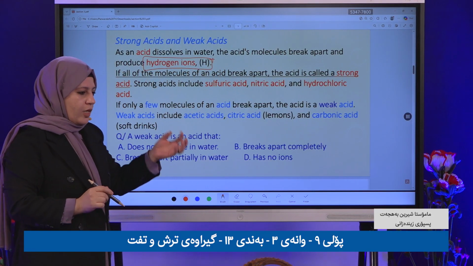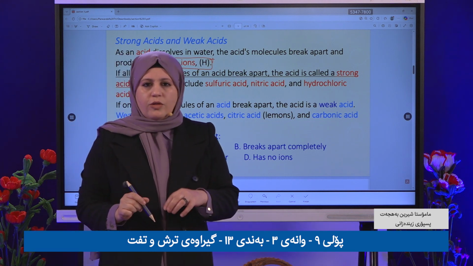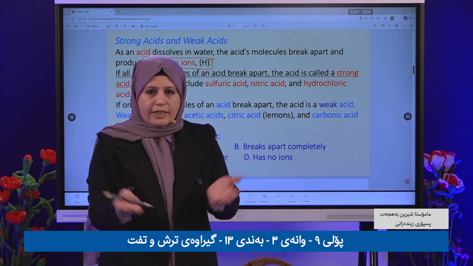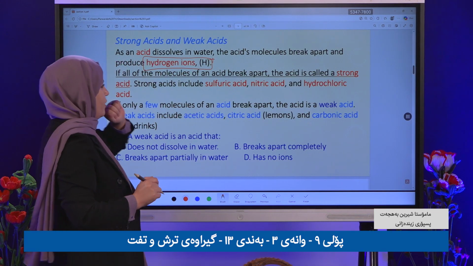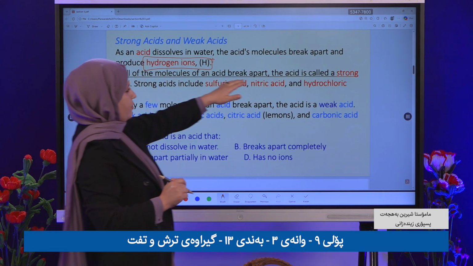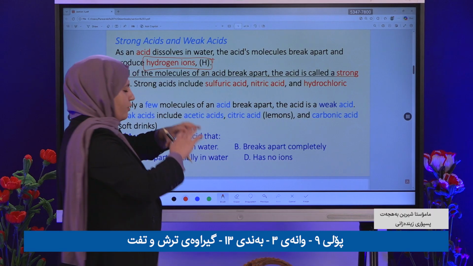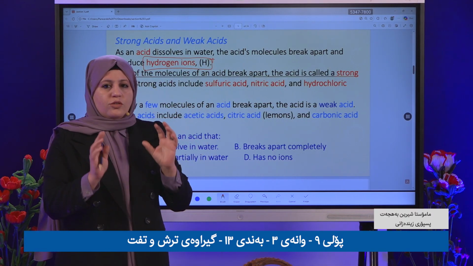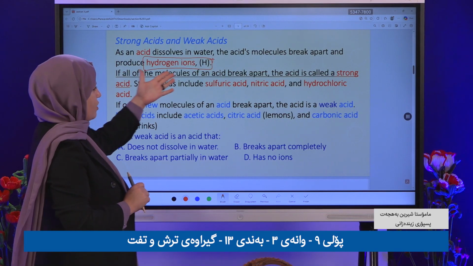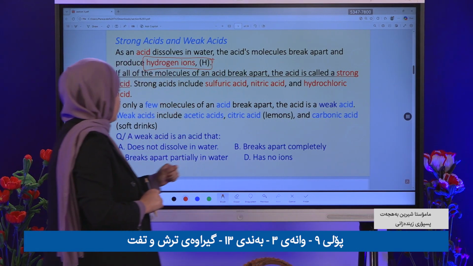Strong acid, when dissolved in water, has all its molecules break apart and produce hydrogen ions. If all molecules break apart in water, it is called a strong acid, such as sulfuric acid, nitric acid, and hydrochloric acid.